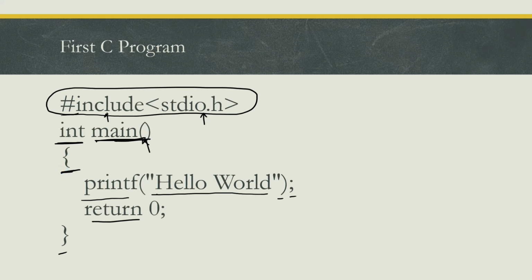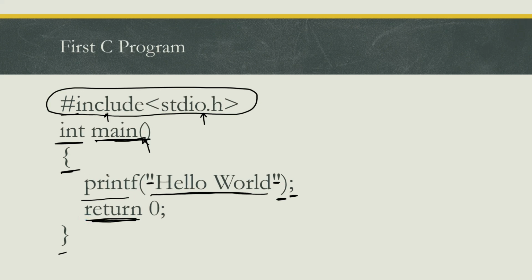Then you have to write the curly bracket, then printf. Each and every letter of printf is in small letters. Then you have to write hello world in double inverted commas, then closing bracket, then semicolon. You know that each and every statement of a C program ends with a semicolon.